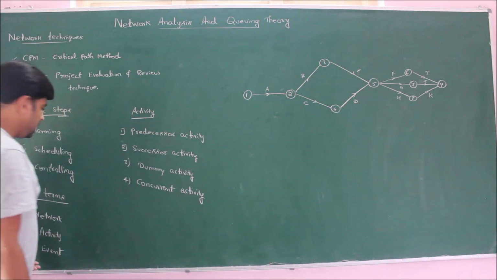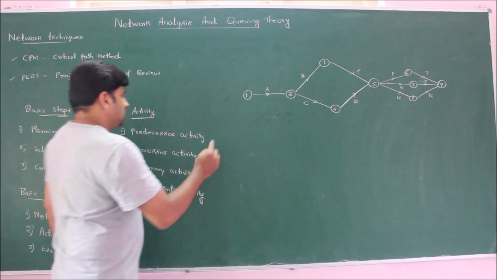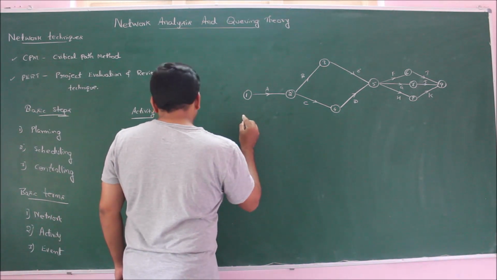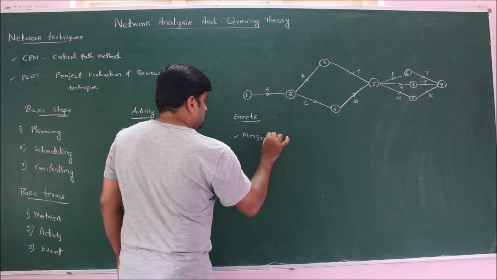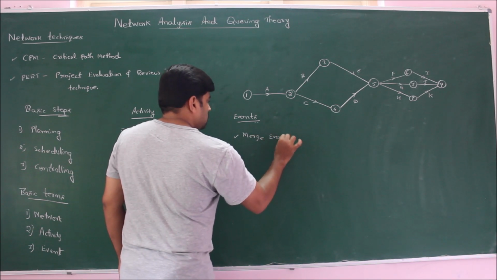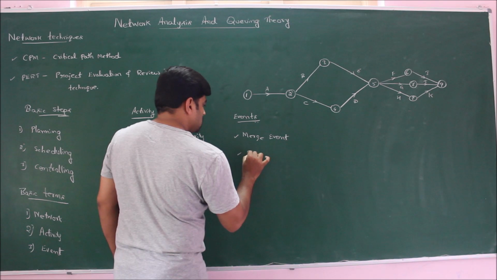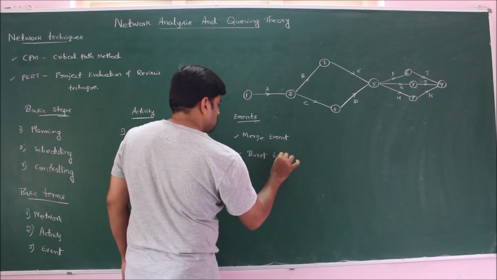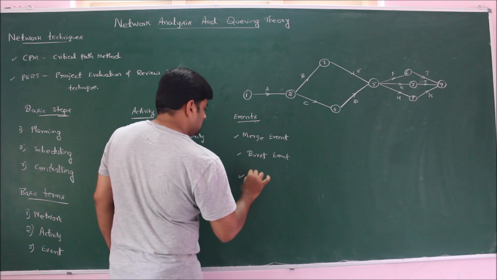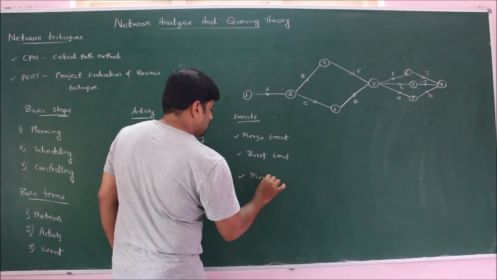Coming to the events, we have further classification of events: the first one is merge event, the second one is burst event, and the third one is merge and burst event.